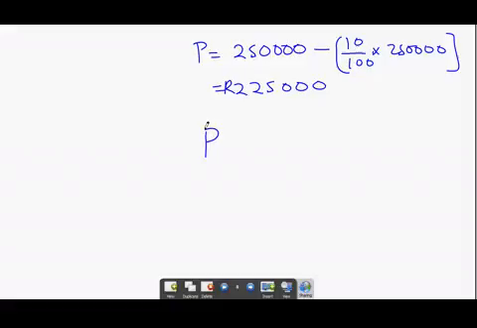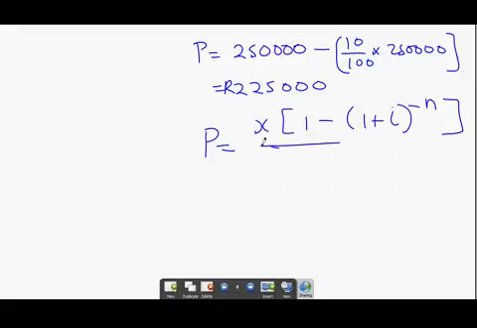That is the formula we're going to use. And this is going to be P is equal to, very simple, and you get this formula directly from your formula sheet: x, square bracket, 1 minus, bracket, 1 plus i, close bracket, to the power of negative n, close the square bracket, everything there divided by i.